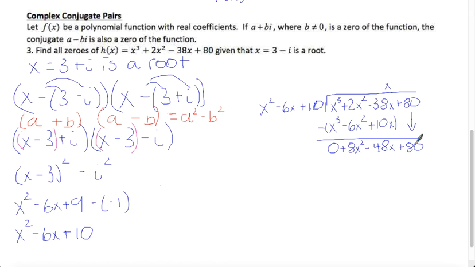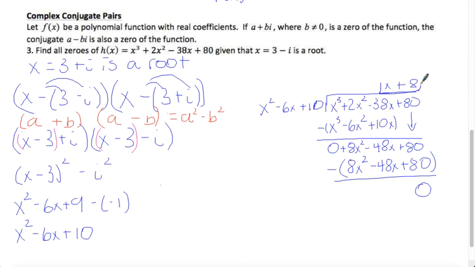So then I need to multiply x squared by positive 8 to get my 8x squared to cancel out. And I'm left with 8x squared minus 48x plus 80. And when I subtract all of that, everything goes to 0, so no remainder.